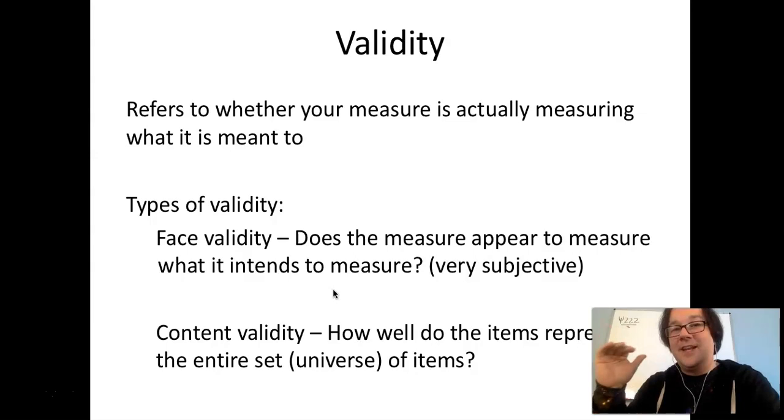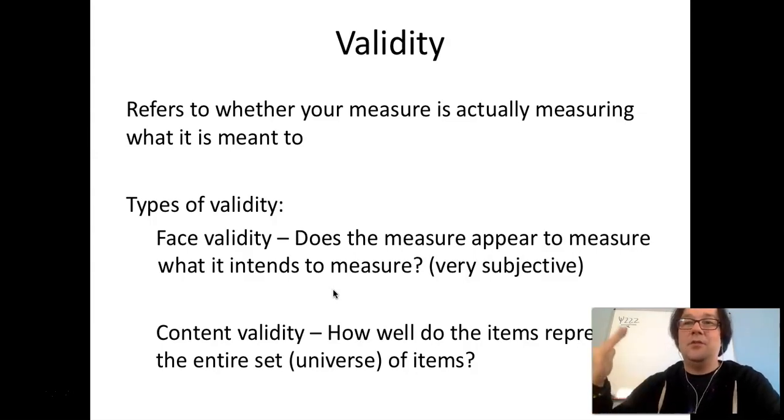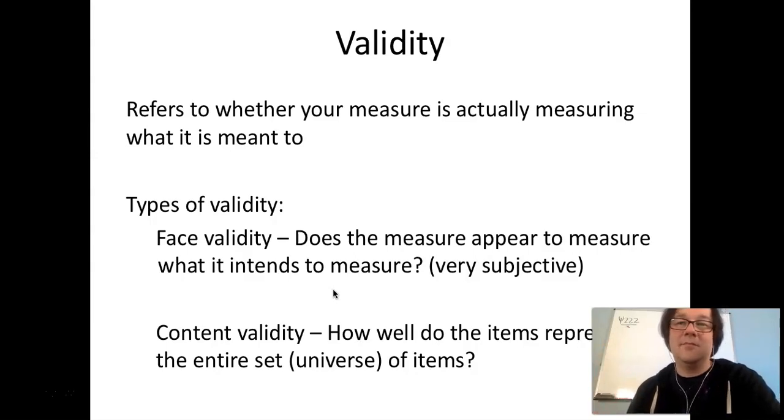So items that are on that exam don't represent all the possible items that could have been on the exam or should have been on the exam. And again, if you're talking about personality tests that you're developing, say you're developing a new personality scale, well, there's lots of different questions that you can ask in order to try to tap into somebody's personality or different personality traits.